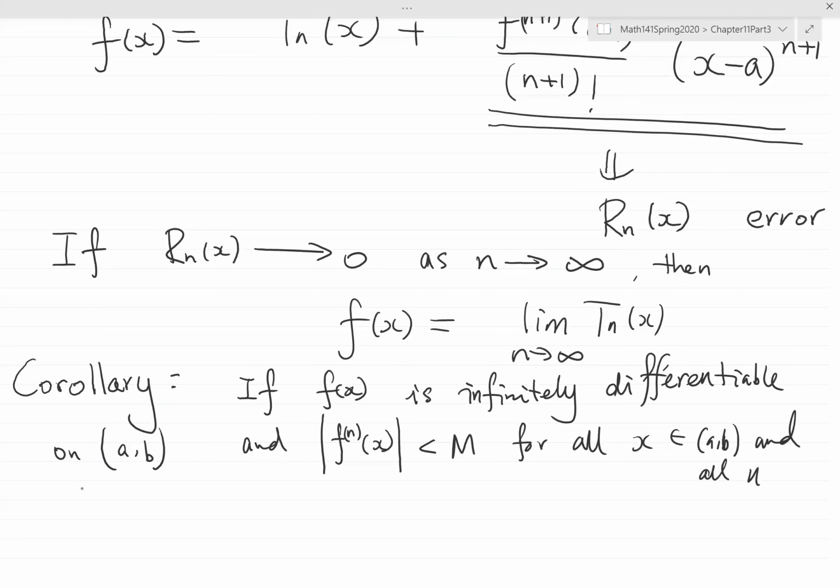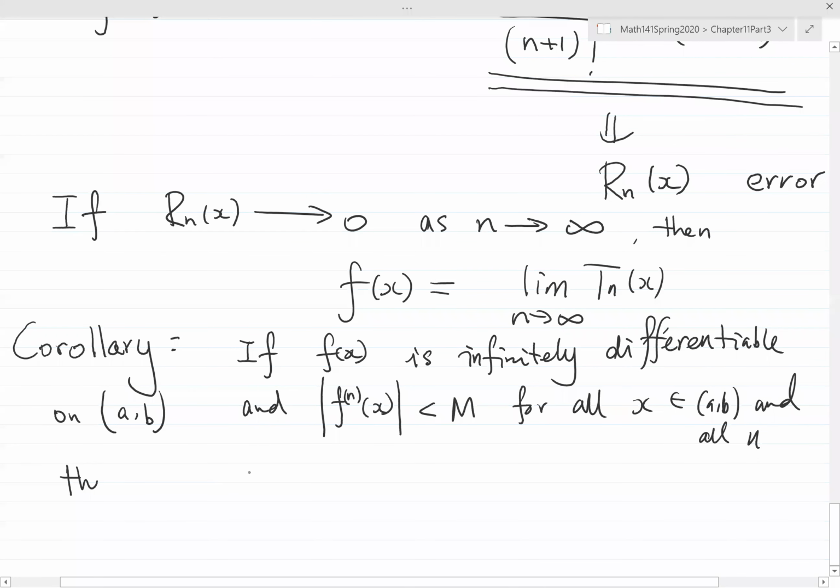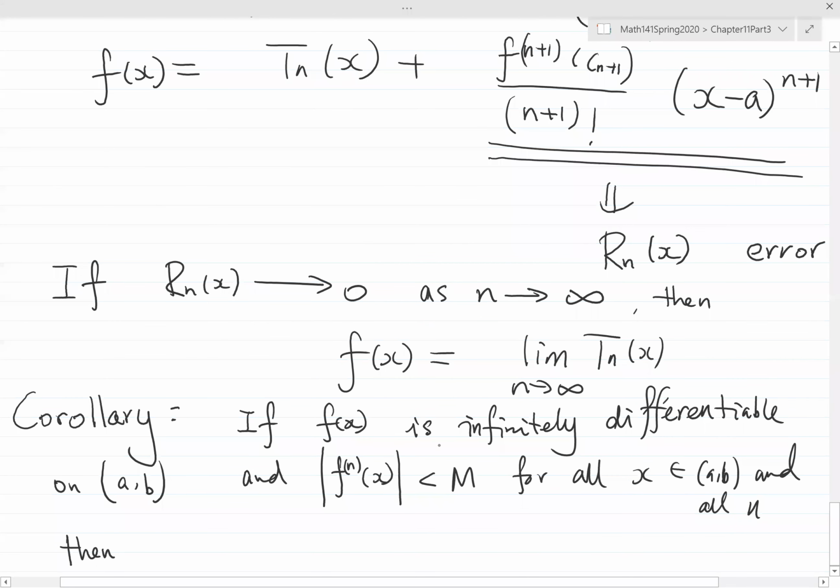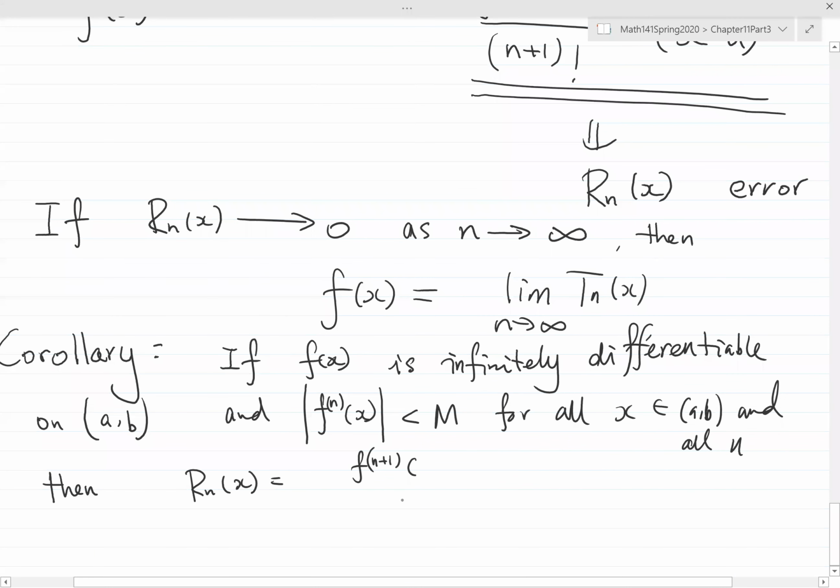Then actually you can check that Rn approaches 0. Rn, which is f's n plus 1 derivative at some number c over n plus 1 factorial times x minus a to the power n plus 1, approaches 0. It's very easy to check.